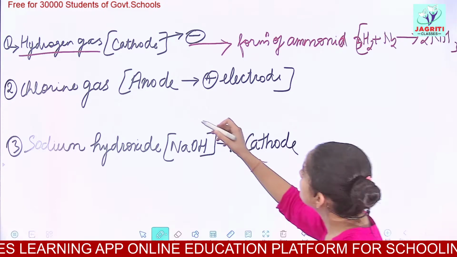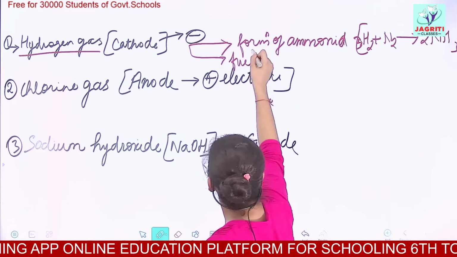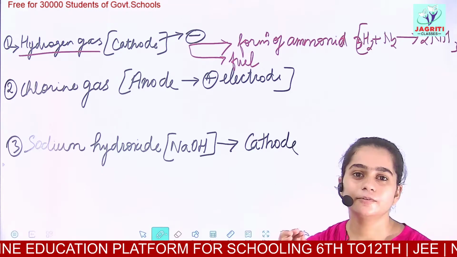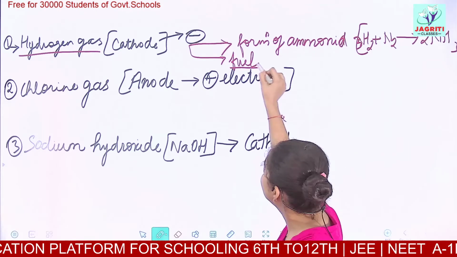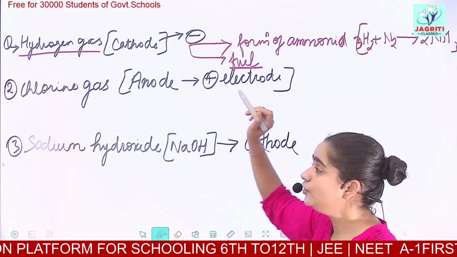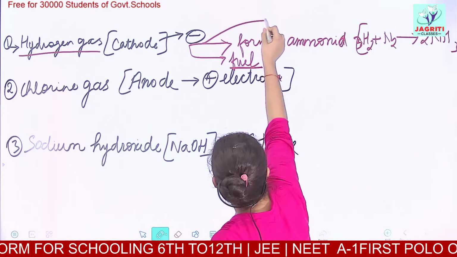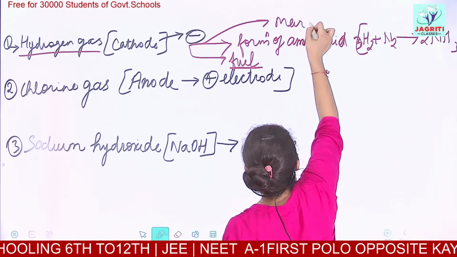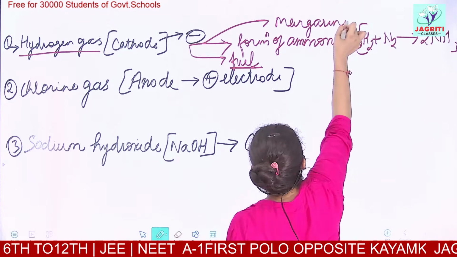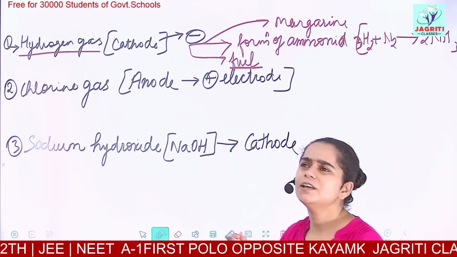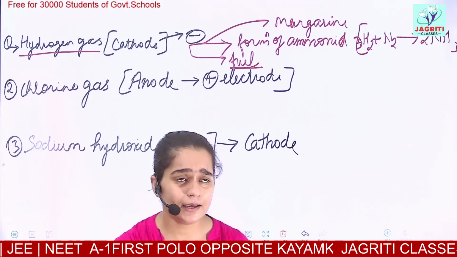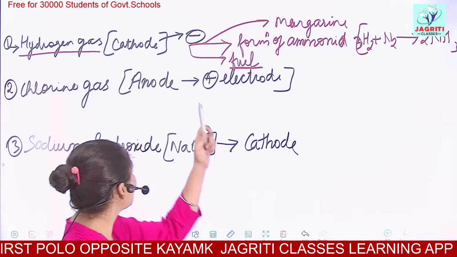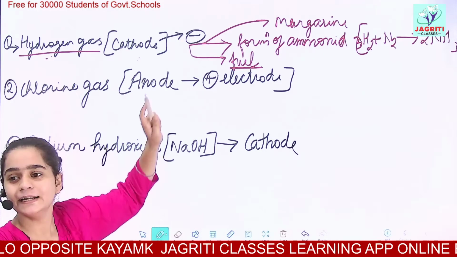Also, hydrogen is used as a fuel, not as a domestic fuel because it is dangerous, but as an industrial fuel, hydrogen is used. The next use is in the formation of margarine. Margarine is a sort of artificial butter. So we discussed 3 uses of our byproduct hydrogen gas which was obtained on cathode.